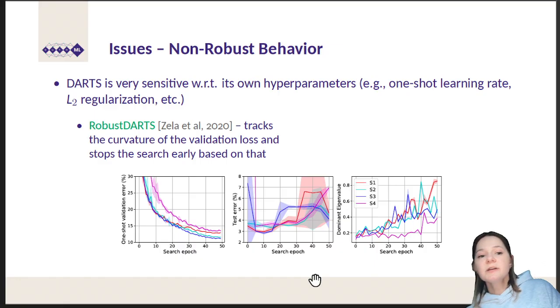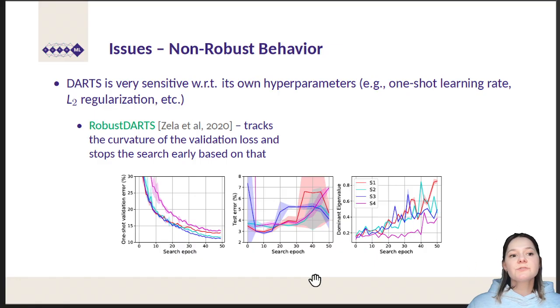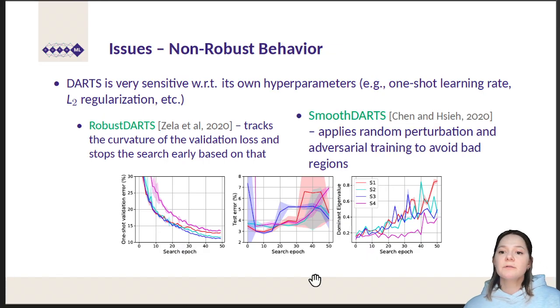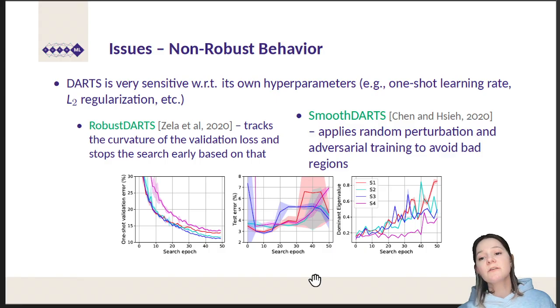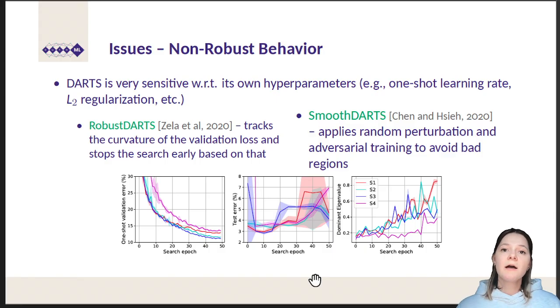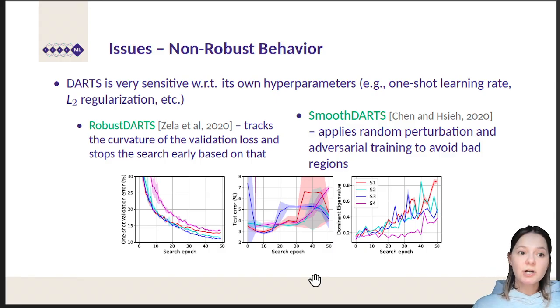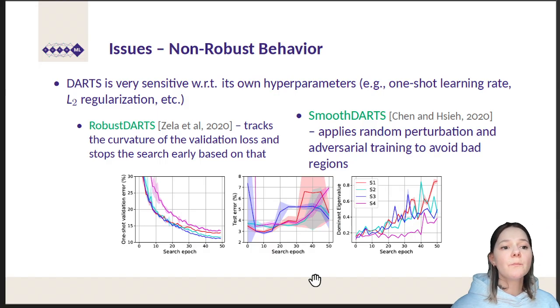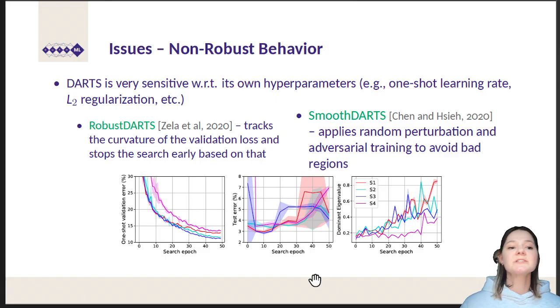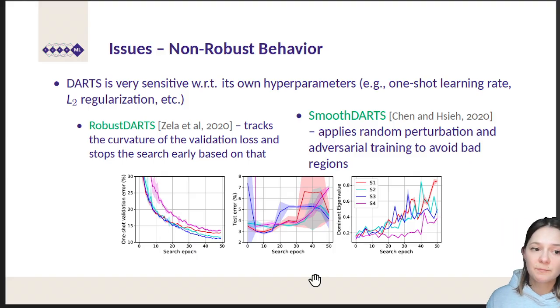Similarly, rather than just optimizing for the training loss, there is also SmoothDARTS, which has the same idea of looking at the minimum. They have also seen that the issue is the flat and sharp minima. So what they do is optimize the expected or the worst-case training loss over a local neighborhood of the architectural hyperparameters.